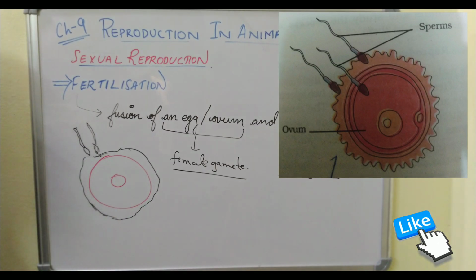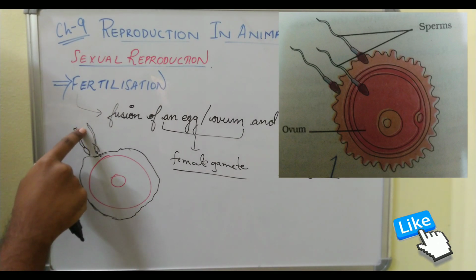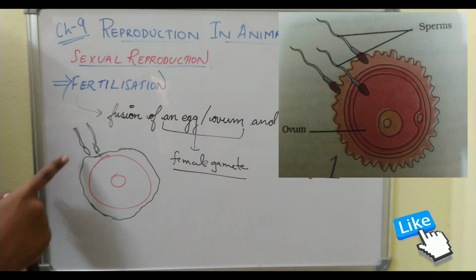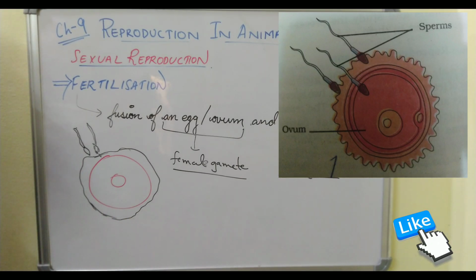That is the main thing here. I'll repeat: when one sperm enters, the outer covering builds a shield and stops the other sperms from entering the ovum. So only one sperm enters the ovum and fusion takes place.